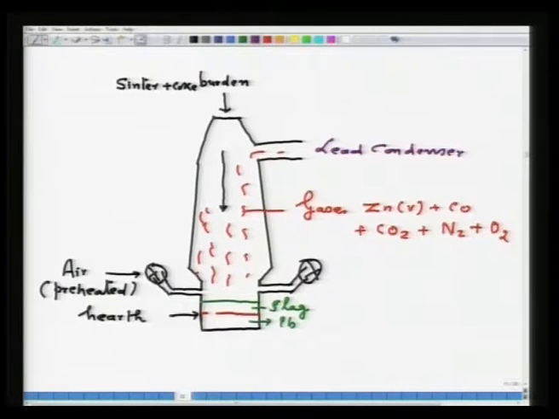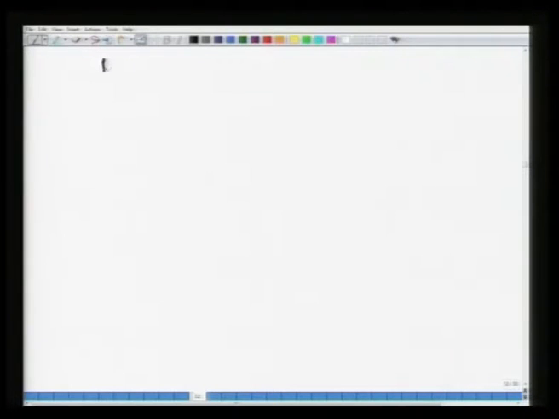Now, let us go for the material balance. In the material balance, let us consider 1000 kg sinter. Basis of calculation is 1000 kg sinter. You can make it 1 ton, whatever you like.